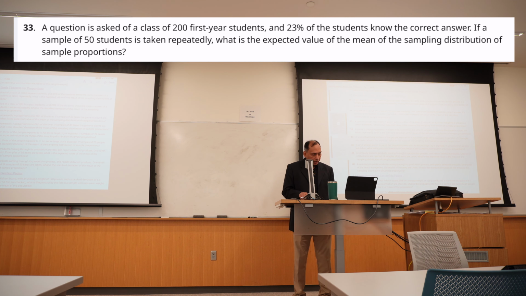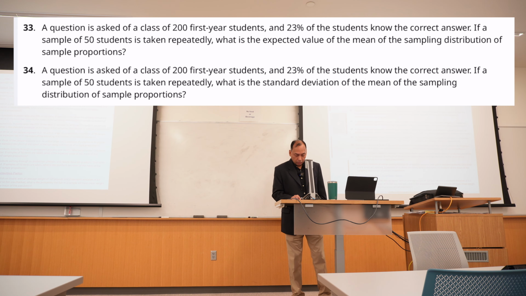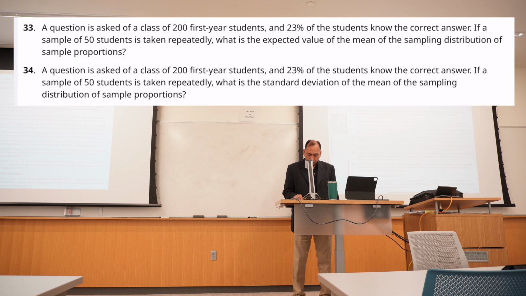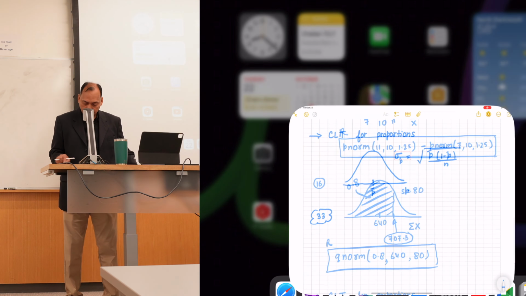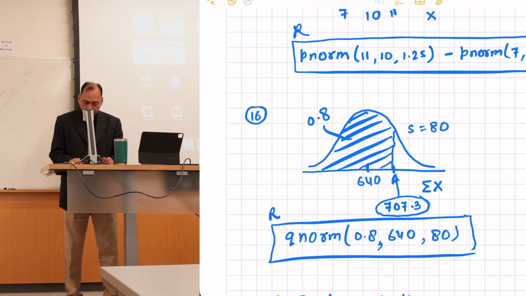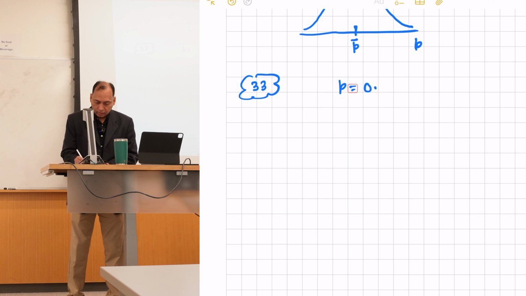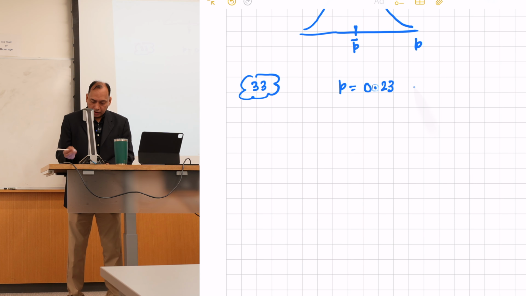That's one. And if you continue to 34, same situation, but it is asking about what is the standard deviation. So what will be mean and standard deviation for proportions? So that's the question. So average P is given as 0.23. So that is going to be mean.